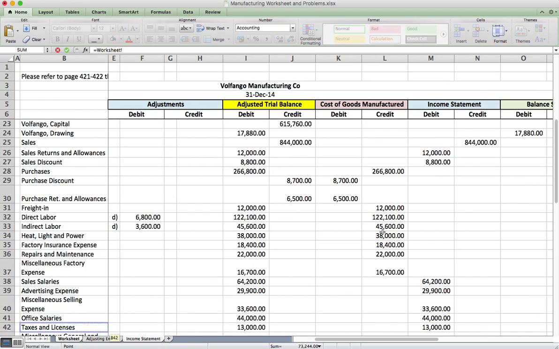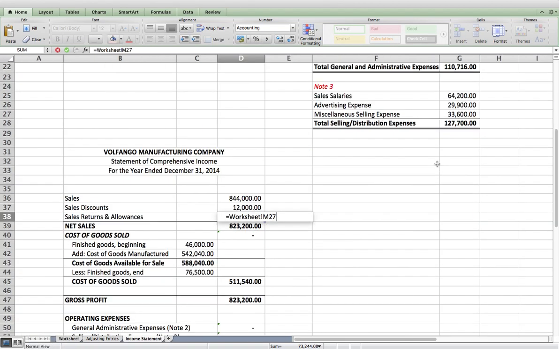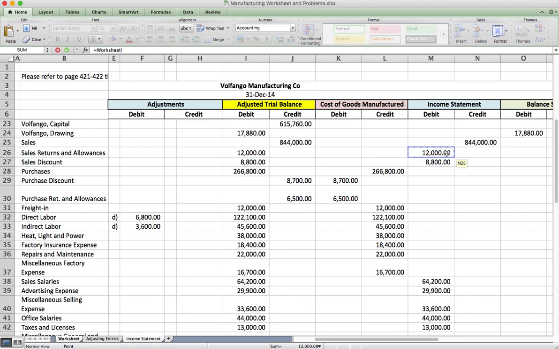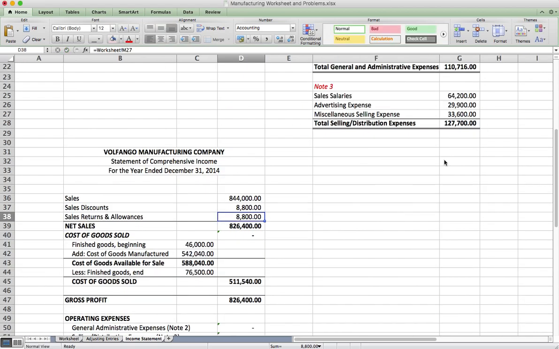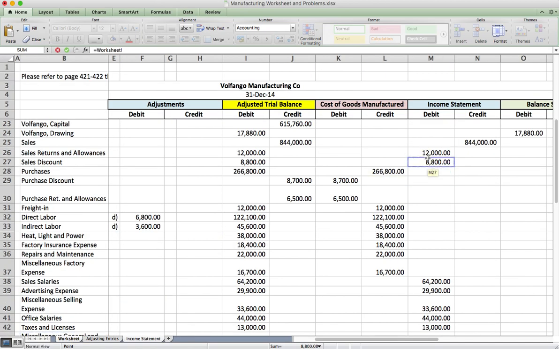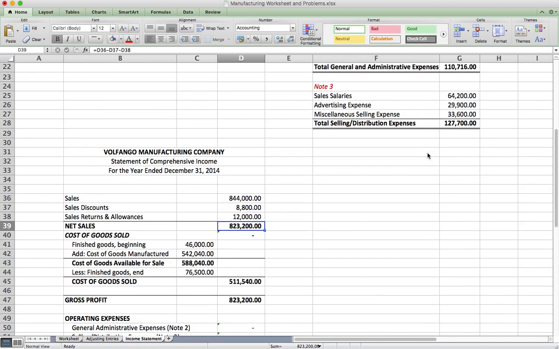Sales returns and allowances 800. Ay, baliktad. Sales discount 800. Sales returns and allowances 12,000. So that is your net sales.